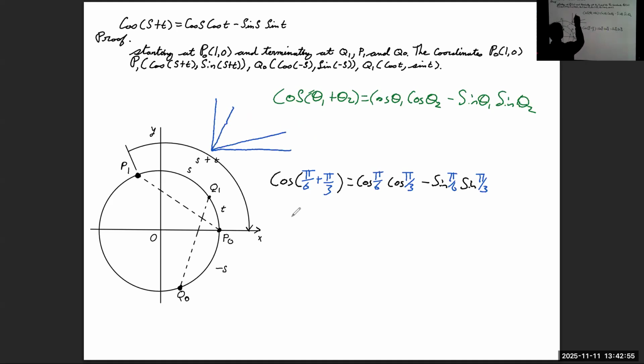It should equal pi over 2, right? So this is 1/2, root 3 over 2. This is root 3 over 2, 1/2. So there you go.